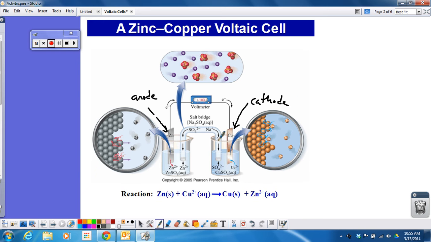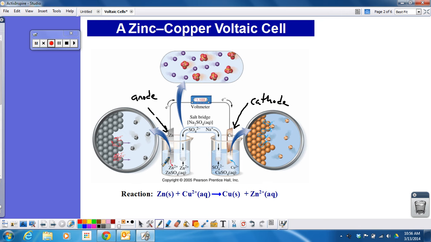In the simulation, it was sodium nitrate. In this picture, it's sodium sulfate. But basically, you want something in the salt bridge, an ionic compound, a soluble ionic compound when it dissolves, typically sodium salts. But the key thing about the salt that goes in the salt bridge is that it shouldn't react with either of the things that are occurring in the half reaction. So sodium doesn't react with copper or sulfate. Zinc doesn't react with sodium or sulfate, so sodium sulfate's a good choice.